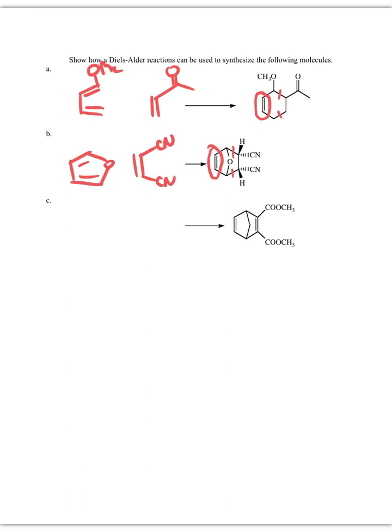Now in this last one, it's a little harder because we have two double bonds left over in our product, or that are still in our product. And remember, we said the dienophile is usually electron poor. So we have these two ester groups on here. So that double bond had to come from our dienophile.